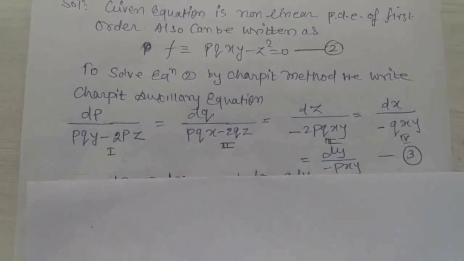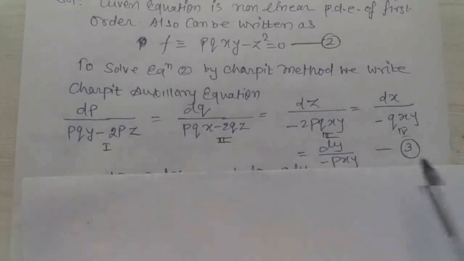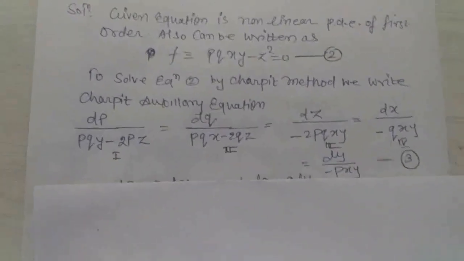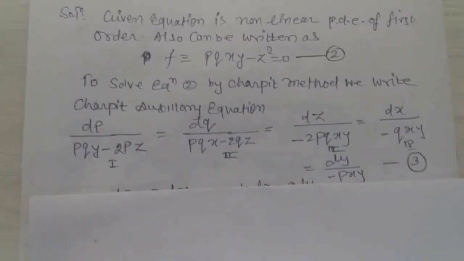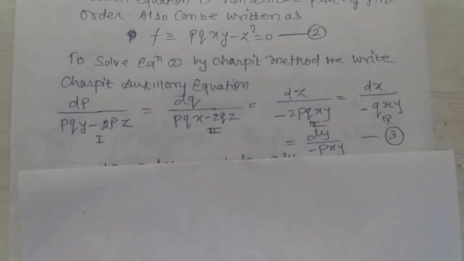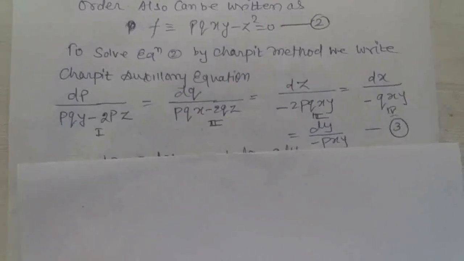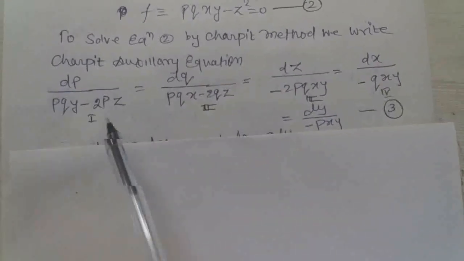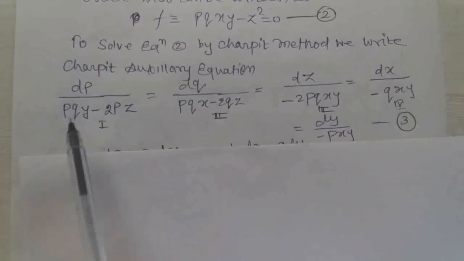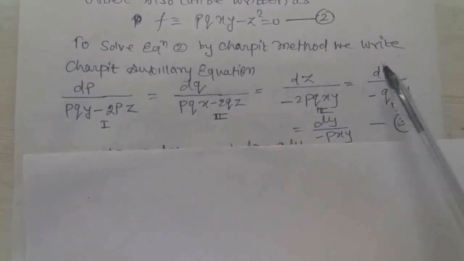Now generally we take two parts from this equation, integrate to obtain the values of p or q, and then further we solve. But in this case the separation of variables by taking two parts is not possible, so we apply the multiplier method. We choose the first and fourth parts and take the multiplier x in the first part and p in the fourth part.